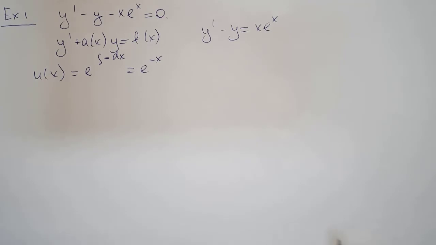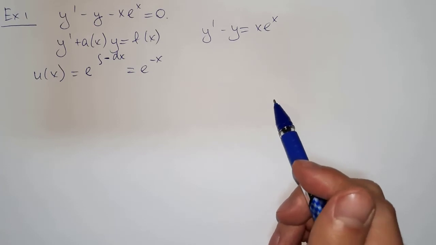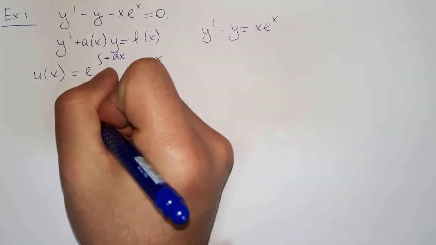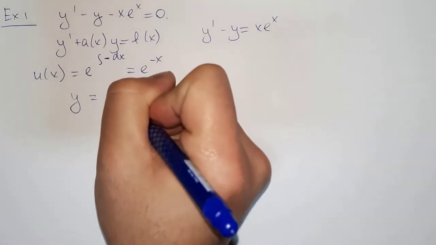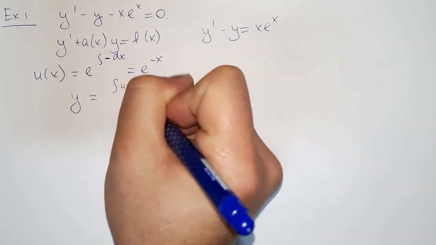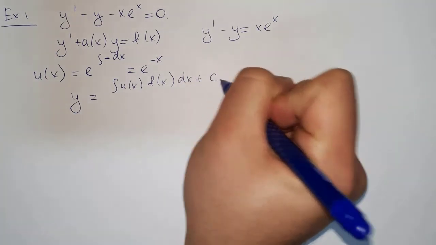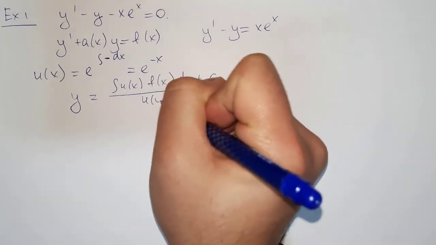And now the general solution of this linear equation, after multiplying e to the power of x to both sides of our equation, will be, let's recall one more time, integral of u of x f of x dx plus constant, over u of x.